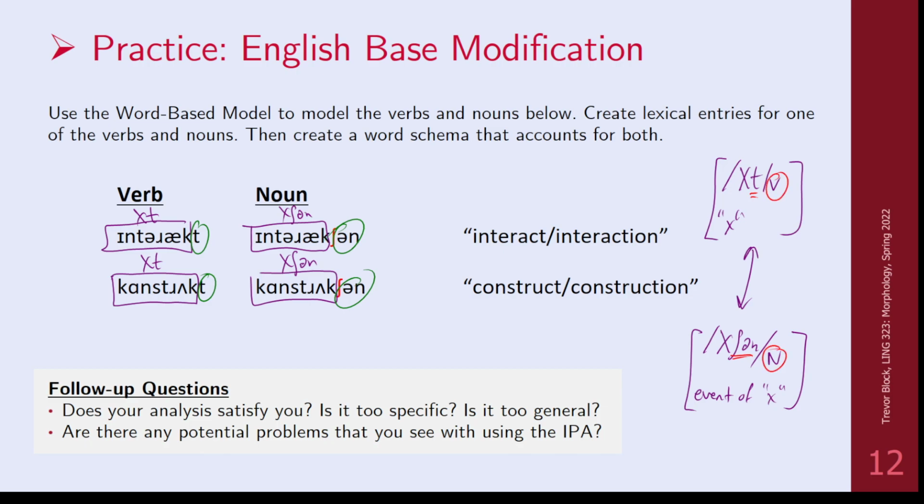Now this might overgeneralize. For example, if we have the word eat, well, this is eat. We don't have a word like eatshun. So it's not covering every case, but it's doing a good job for most of our verbs, if they have this form. So we might have some issues there. Another issue we have is that based on this word model, it looks like T is a morpheme.